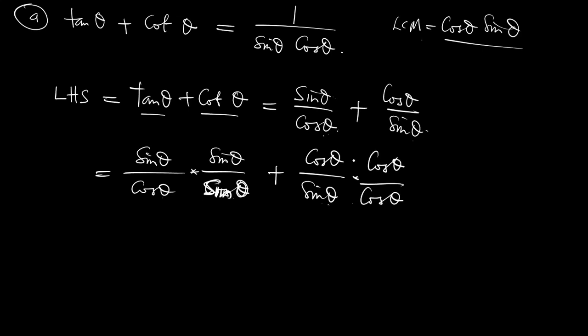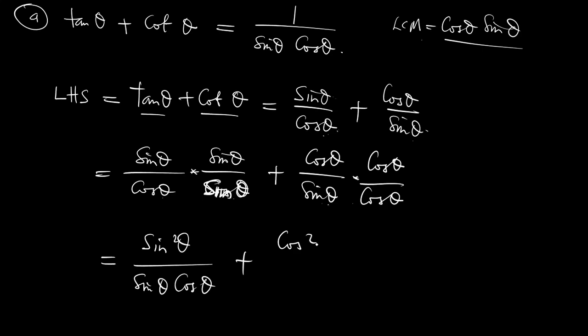Now you notice that sin theta times sin theta gives sin square theta, divided by the LCM. Plus cos theta times cos theta gives cos square theta, divided by sin theta cos theta.